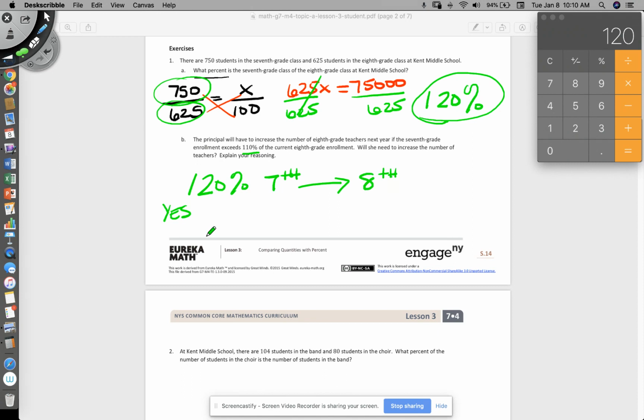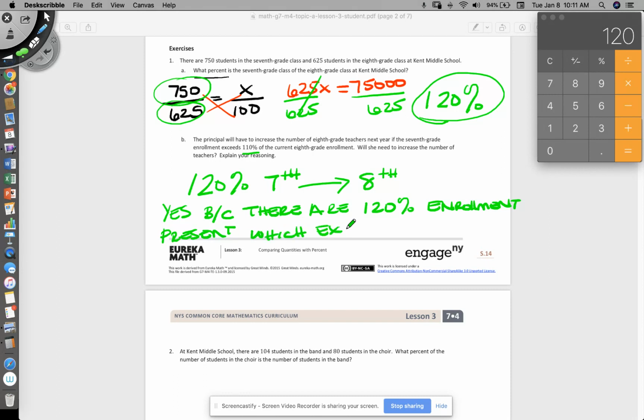She does need to increase the teacher population because there is 120% enrollment now, which exceeds the 110% enrollment, basically.